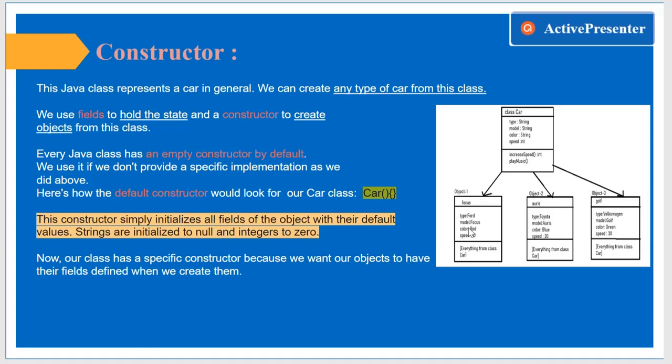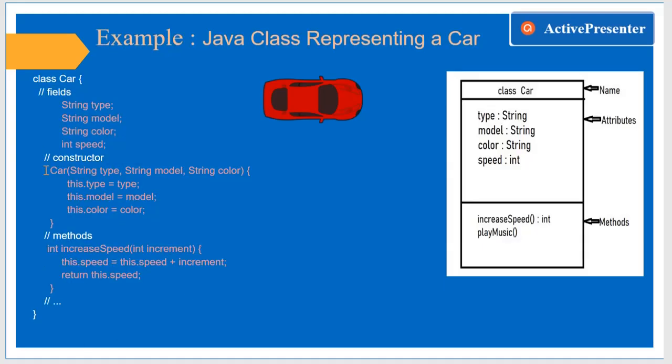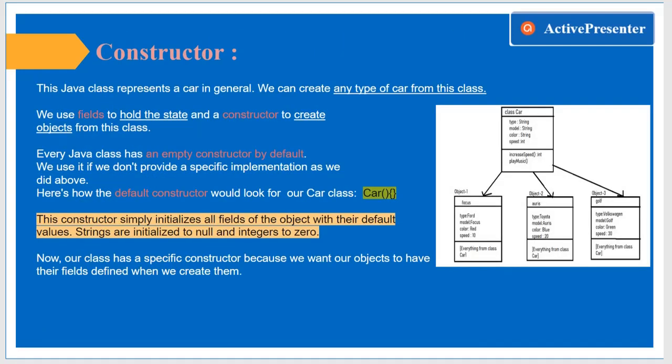Strings are initialized to null and integers to 0. So now our class has a specific constructor because we want our objects to have their fields defined when we create them. This is the Car constructor, a parameterized constructor. We have specific values.